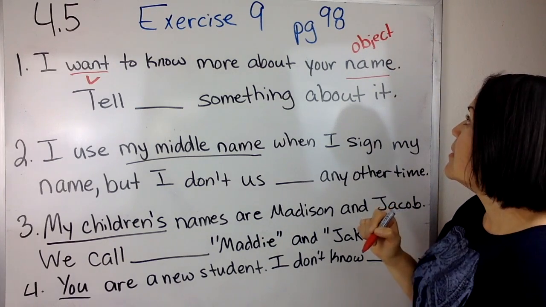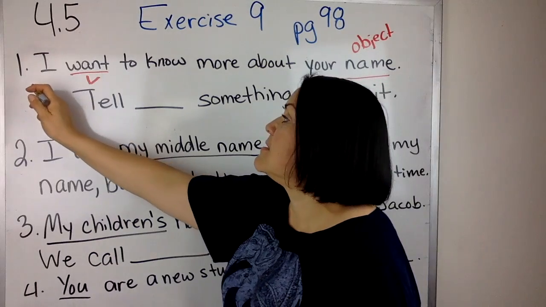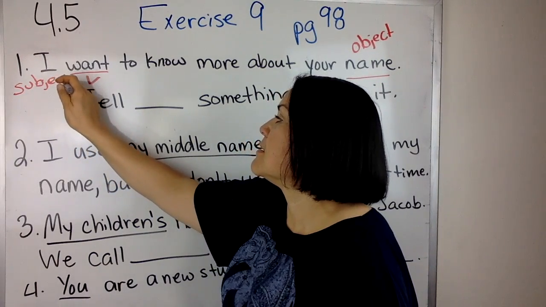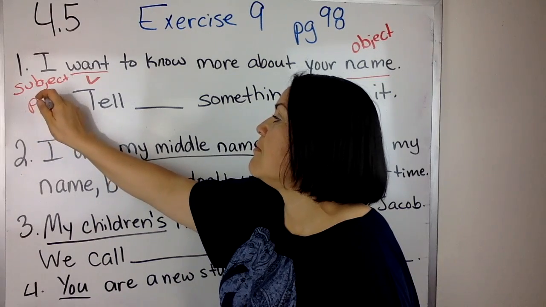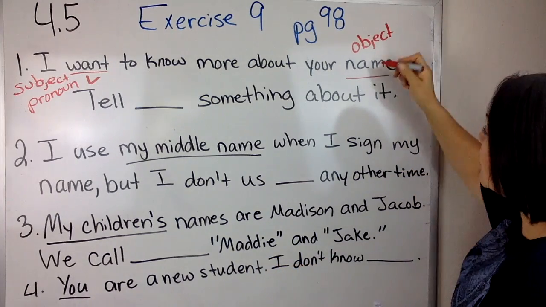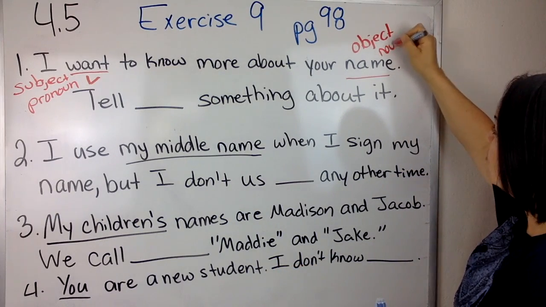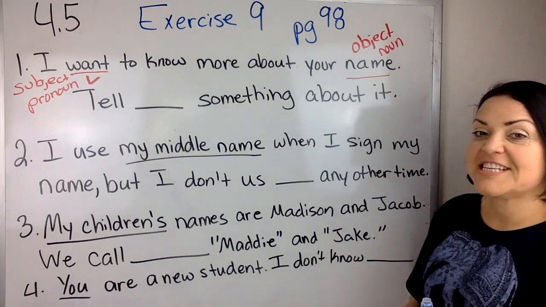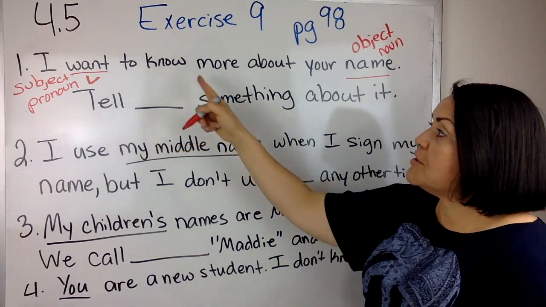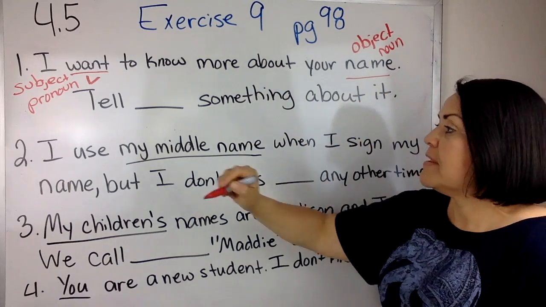So this one is the subject, and this is a pronoun. And this one would just be an object noun, right? Because it's he, she, it, an object noun. So I want to know more about your name.